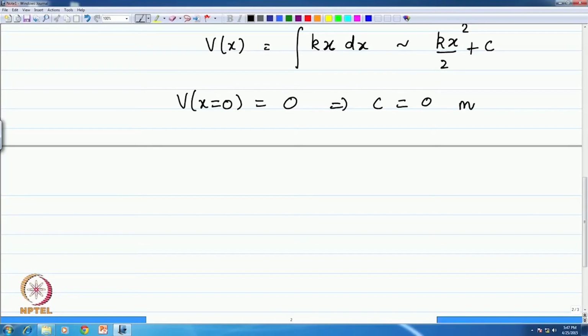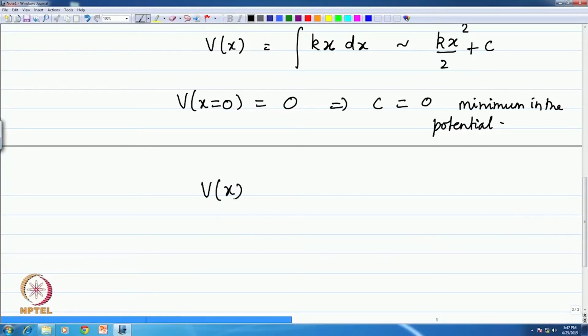This is the minimum in the potential, and therefore the potential energy for a harmonic oscillator as a function of the displacement from equilibrium is given by half kx square, and k, you know, is the force constant, or the spring constant if you are talking about springs.